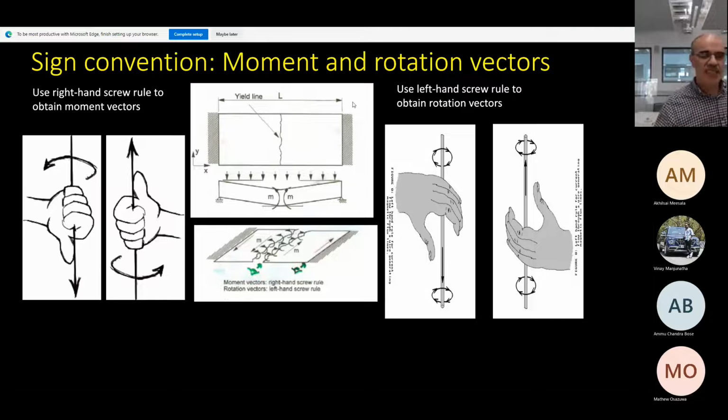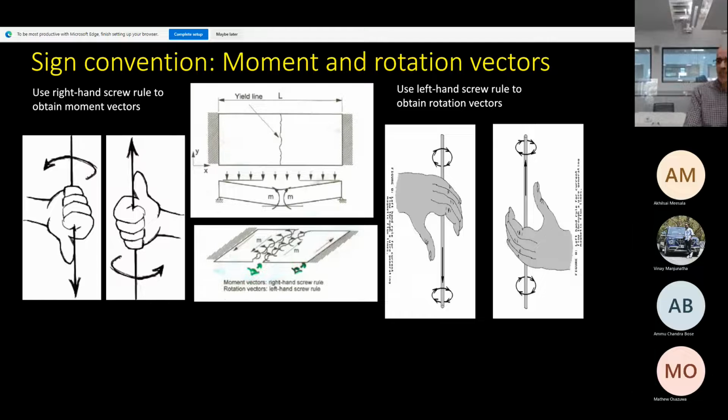So we have an anti-clockwise movement, isn't it? So using your palm, you make an anti-clockwise movement. The thumb will give you the vector. Is that clear? So use your right hand. These fingers will give you the direction of the moment, whether it's clockwise or anti-clockwise, and the thumb will give you the vector. So this moment here is represented now by this vector m. Is that clear?